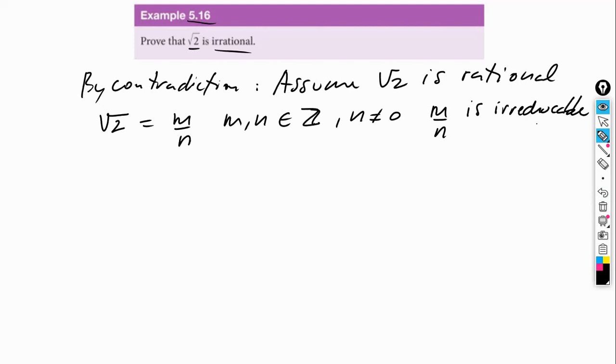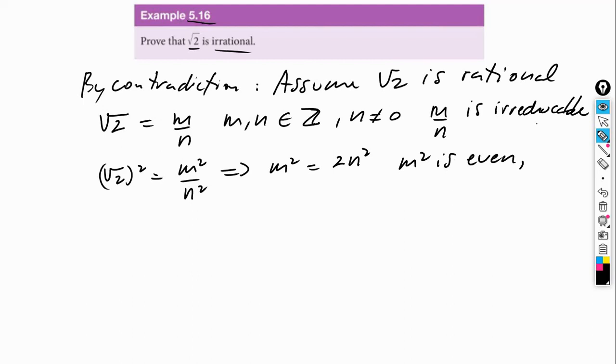Okay, so then that means that the square root of 2 squared should equal m squared over n squared. And this implies that m squared is of the form 2 times n squared. Therefore, m squared is even. That means that m is even.